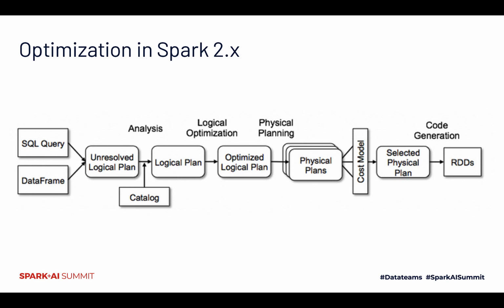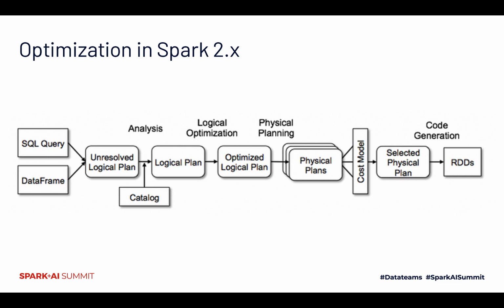To get a picture of how that works, let's first look at the SQL optimization process in Spark 2.x with the Catalyst Query Optimizer. On the left, you'll see that whether you express your query as a SQL query or as a data frame query, it's fed into the Catalyst Query Optimizer as an unoptimized, unresolved logical plan. At that point, it's paired up with the underlying catalog of table names and column names and resolved into your logical plan. From there, a rule-based optimizer that was available in Spark 1.x rewrites the queries, grouping filters together and reordering operations to improve the performance.